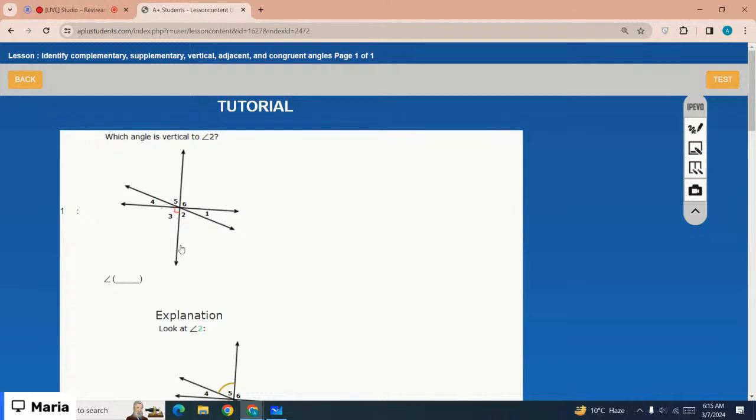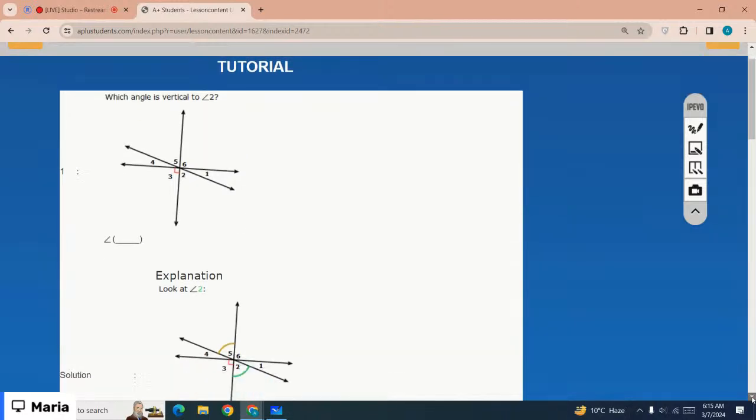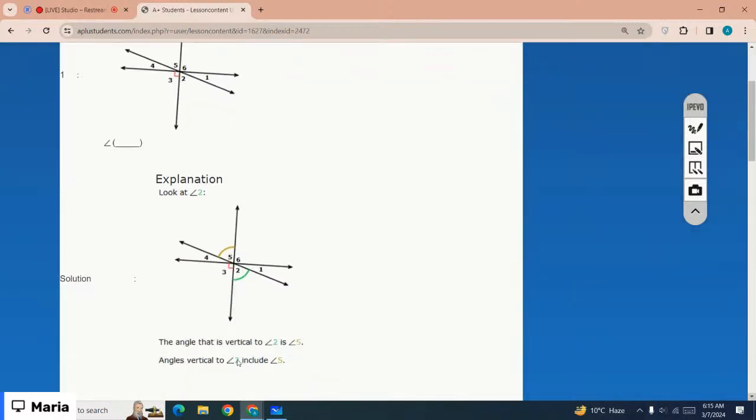So which angle is vertical to angle 2? You have to see the vertical angle of 2, right? So the vertical angle is angle 5. The angle that is vertical to angle 2 is angle 5.